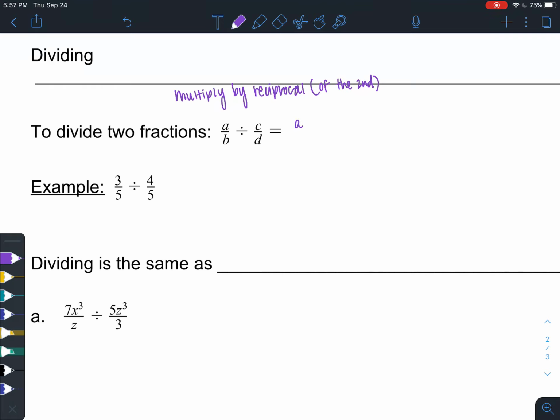So this is going to be a over b times d over c, so we get ad over bc for that answer. So for this one here, we get 3 over 5 times 5 over 4. We flipped, we cancel, and then we multiply straight across. So 3 over 4 is our answer.